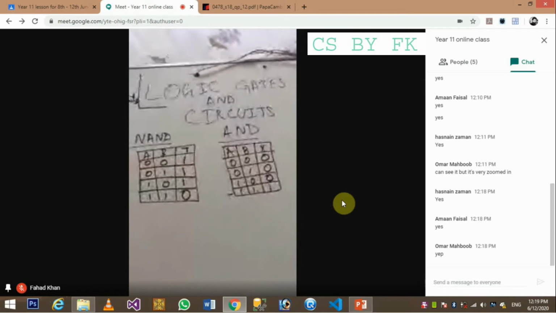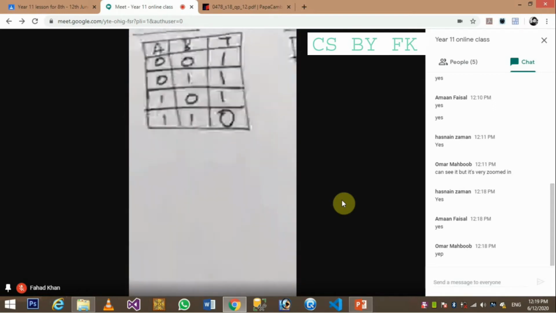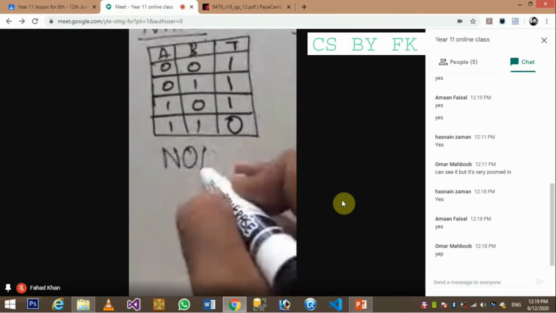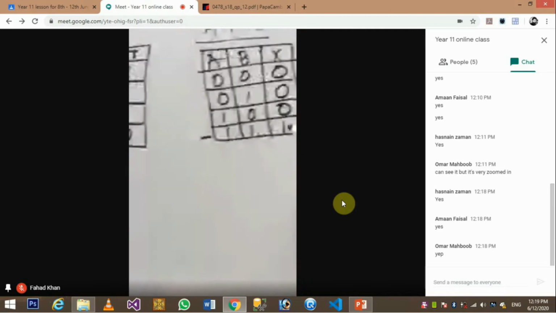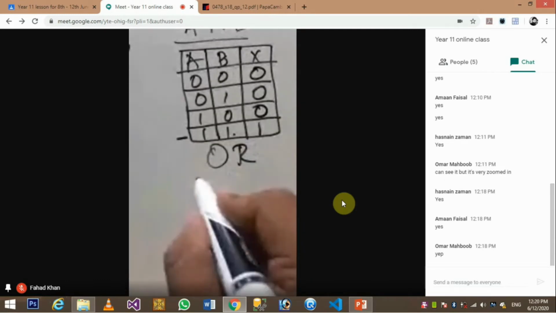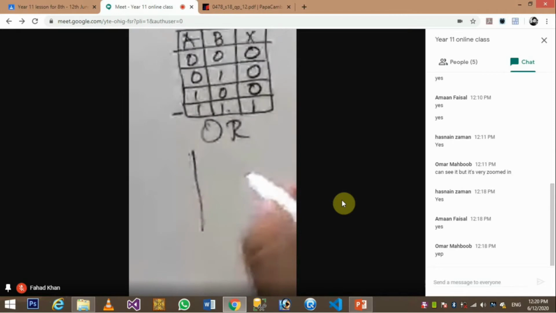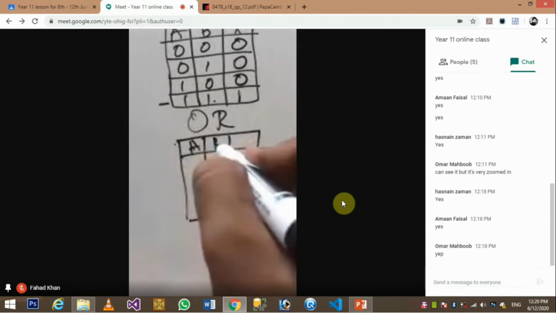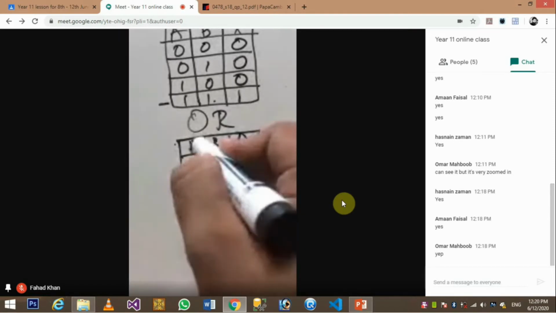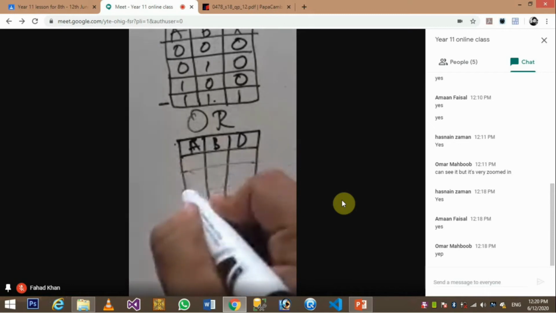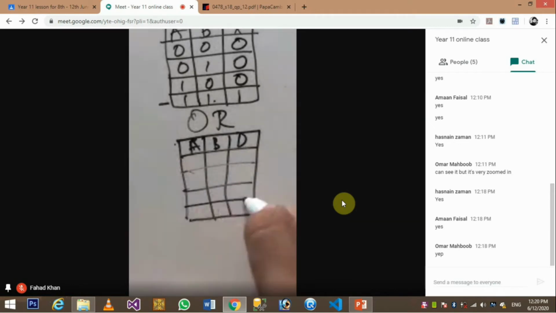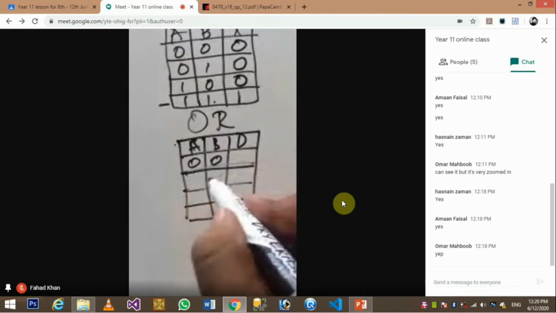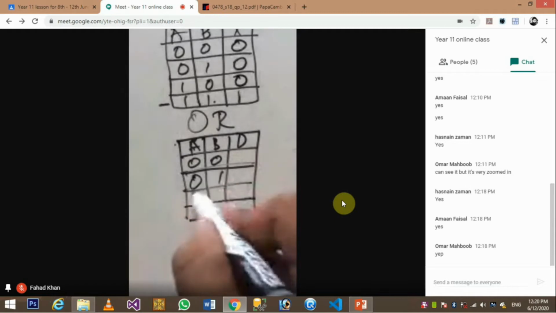All right, moving on, let's talk about NOR, and here we talk about OR. For the OR gate, I'm going quickly to make the OR gate truth table. A, B, and D. All right, so there'll be 0 0, 0 1, 1 0, 1 1, right?